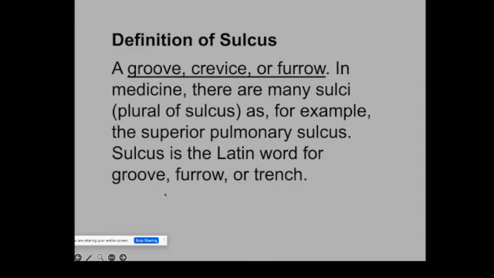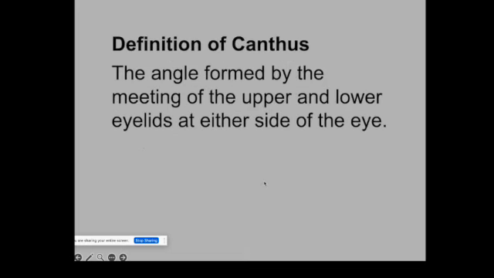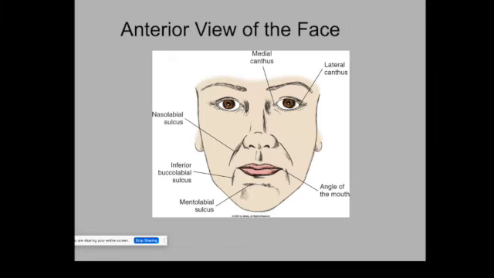Sulcus is the Latin word for groove, furrow, or trench. Canthus is the angle formed by the meeting of the upper and lower eyelids. So let's go back to this picture, and you can see the sulci. That's where the word sulking came from. Sulci are the grooves. Canthi are between the upper and lower eyelid. And so we have differences.